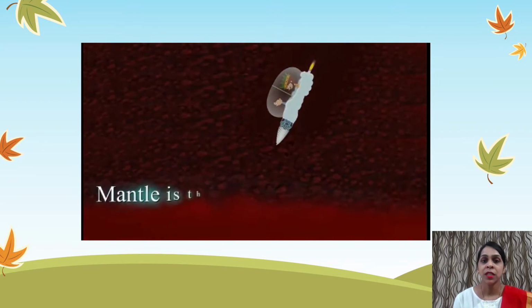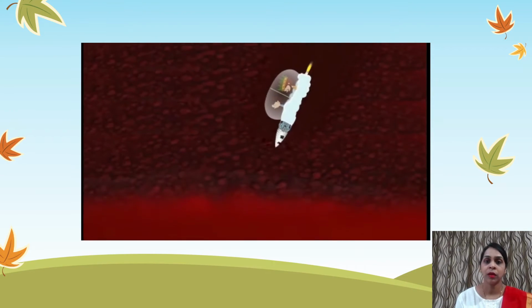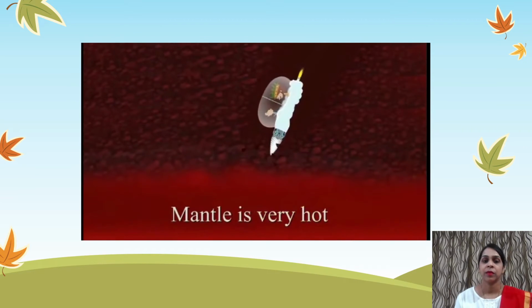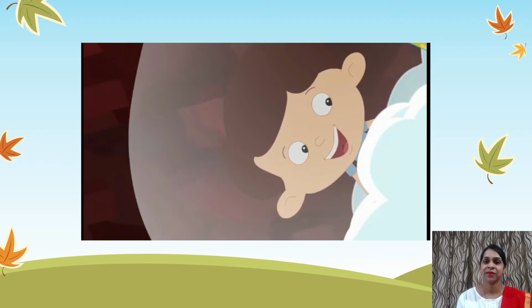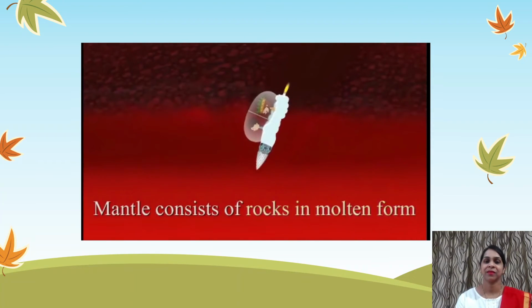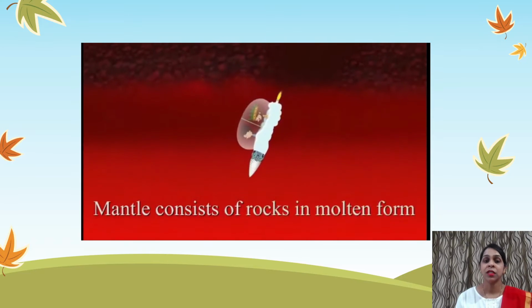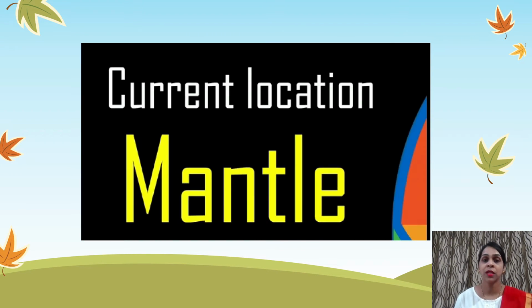It consists of old bedrock and molten rock. It is very hot. The mantle consists of earth rock that is very hot.